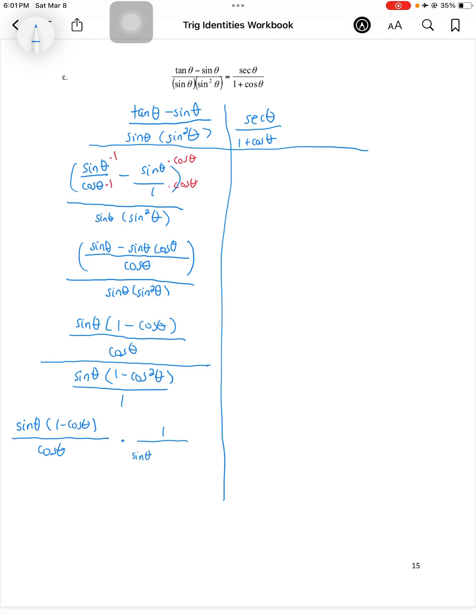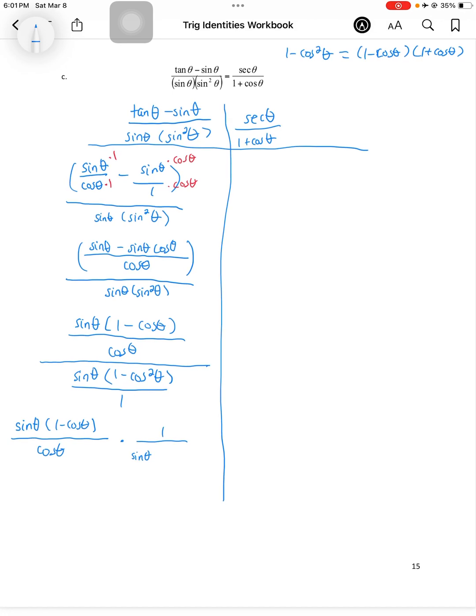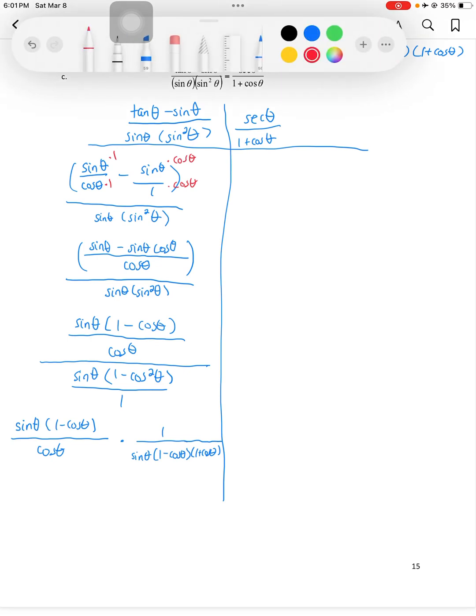And then, just to recall, 1 minus cos squared theta is the same thing as 1 minus cos theta times 1 plus cos theta. So this is the difference of squares rule. So I'm just going to write that out: 1 minus cos theta, 1 plus cos theta. And then things will cancel.